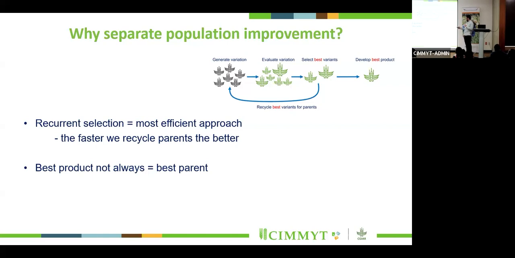So to summarize, why separate population improvement? Recurrent selection is the most efficient approach. The faster we recycle the parents, the better, and the best product is not always the best parent. And why have I gone through all of this before getting to the breeder's equation and so on?